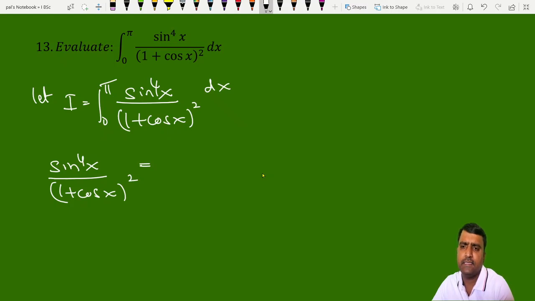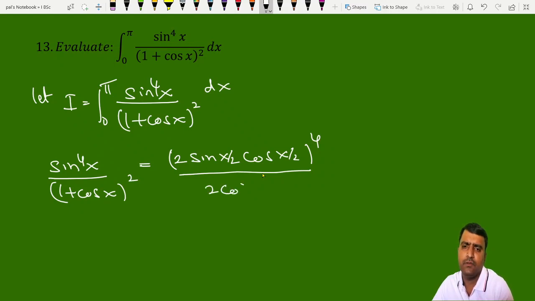So you see this sin to the power 4x by 1 plus cos x whole square can be simplified as, sin x can be written as 2 sin x by 2 into cos x by 2, that to the power 4, divided by 1 plus cos x, which can be written as 2 cos square x by 2, that to the power 2.